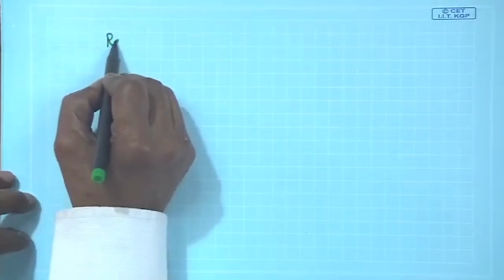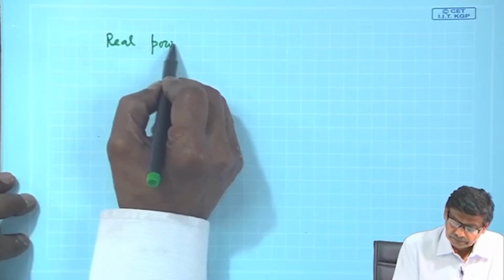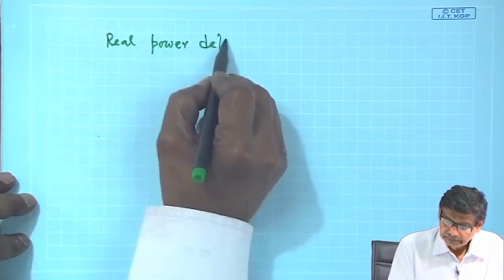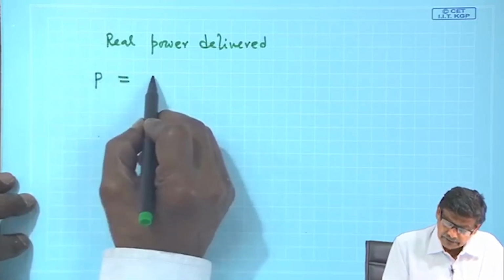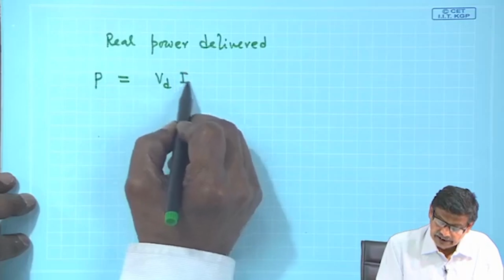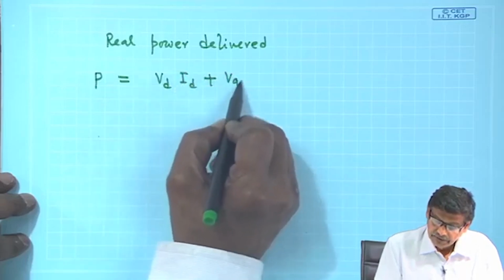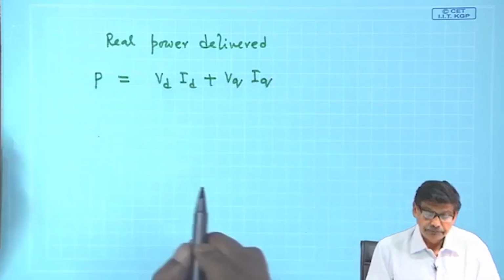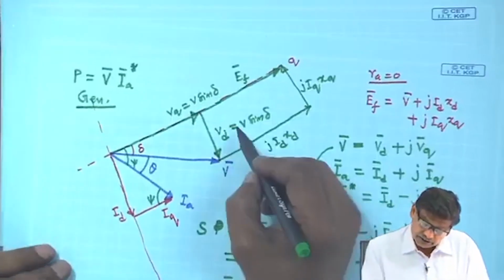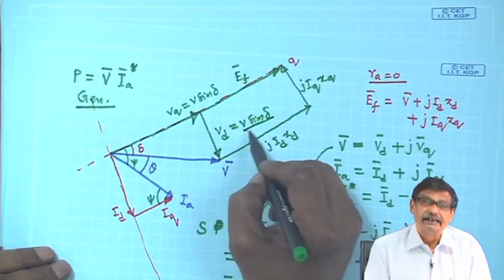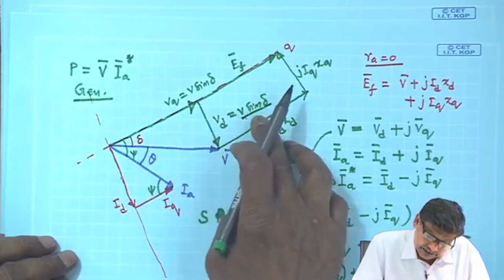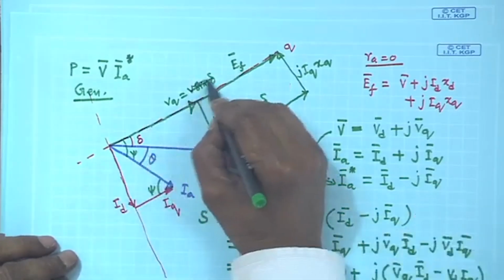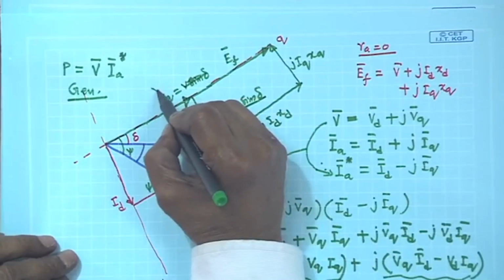Now, therefore, the real power delivered, P, is nothing but V_d I_d plus V_q I_q, that is all. Now, recall the V_d value is nothing but V sin delta and V_q is V cos delta, correct that.